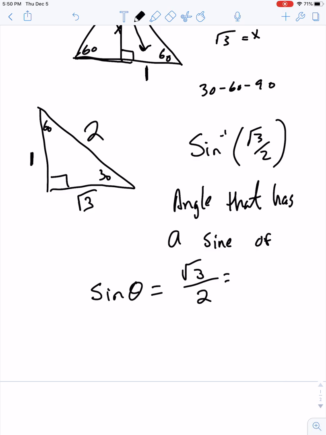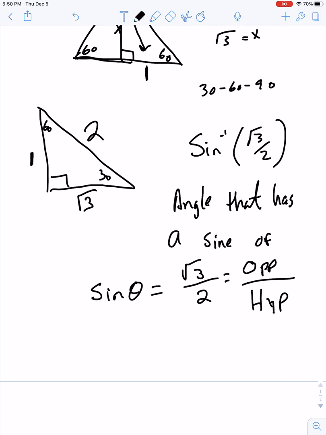Remember, sine is the ratio of a right triangle's opposite side to its hypotenuse. So which angle has a sine of square root of 3 over 2? Opposite the 60 is root 3, and our hypotenuse is 2.